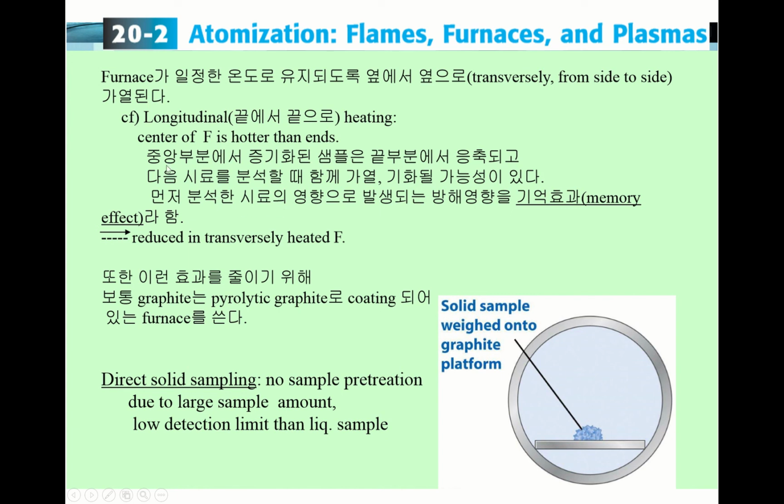In a longitudinal furnace, the vaporized sample may be concentrated, condensed, at the center part, and it may hinder the next measurement, which means that the previously analyzed sample has some effect on the next analysis.